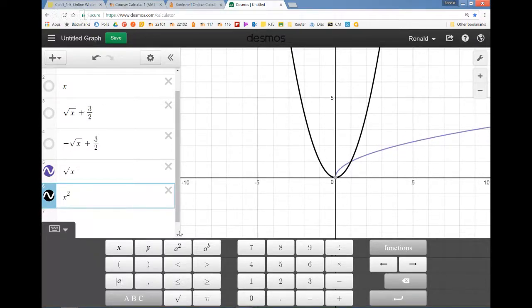What's the domain of this purple guy? The domain is just what? x is 0 and positive. But what's the range? Only positive. Flip them around. What's the domain of this one? All reals. So you see how the domain has changed?